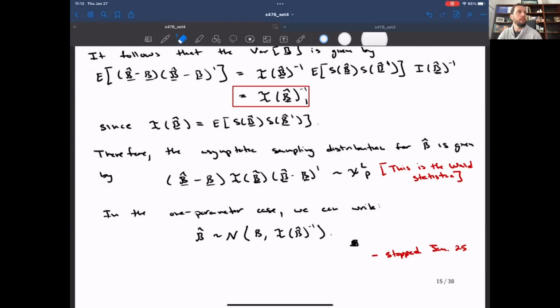And then in the one parameter case, beta hat is normally distributed with mean beta and variance given by the information function. So pretty nice result, basically showing that the model parameters, given the results that we have shown before for the exponential family members, are also normal, which makes conducting inference very straightforward because we know how to work with the normal distribution.